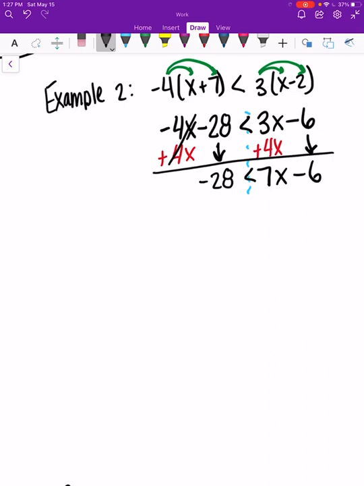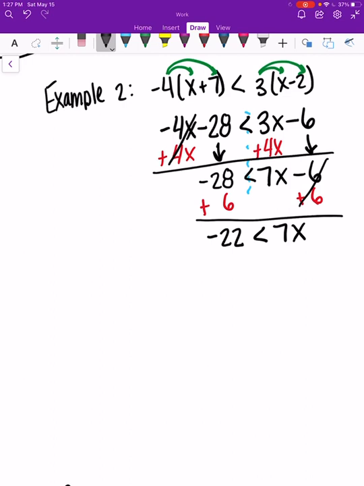Now I want to get my constant to the other side away from x. So I want to move this minus 6. I'm going to do the opposite and add 6 to both sides. These go away. Negative 28 plus 6 is negative 22. And that's less than 7x.